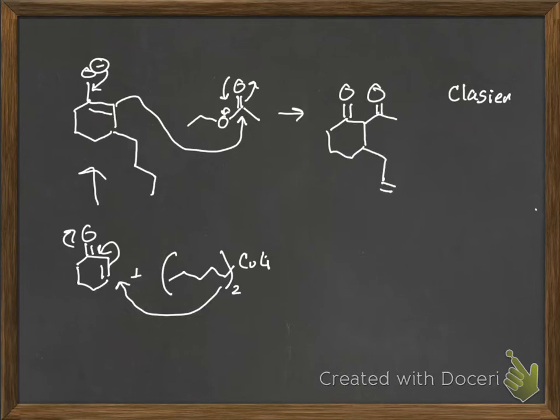And there are ketones everywhere in this molecule. Okay? Now, we've done Claisen, we've done an aldol, we've done alkylation. What remains? What could we do? Well, we could do another conjugate addition.